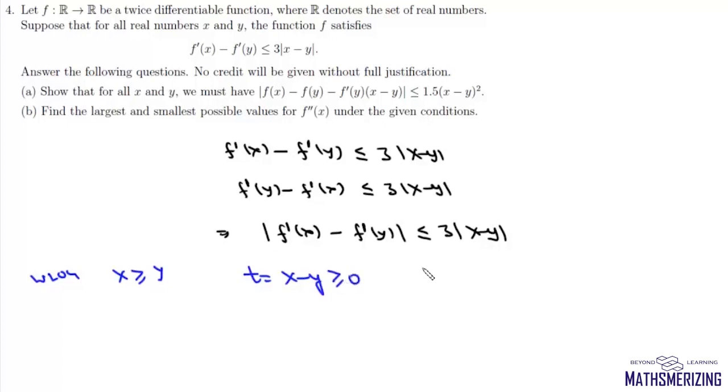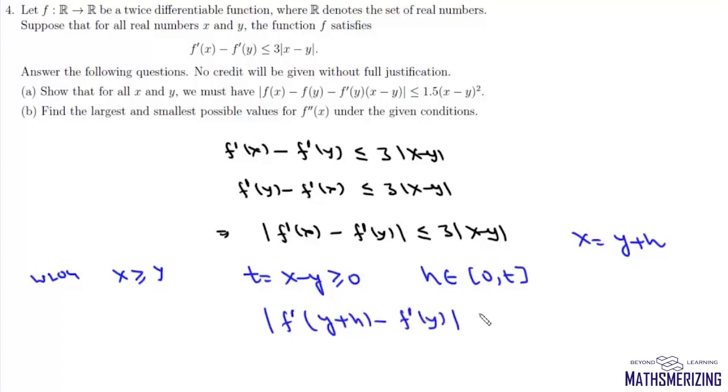Now if we choose some h which lies between 0 and t, if we take this x as y plus h, we can write mod of f dash (y plus h) minus f dash y will be less than or equal to 3 times mod h. Now what we'll do is we'll integrate both sides from 0 to t.